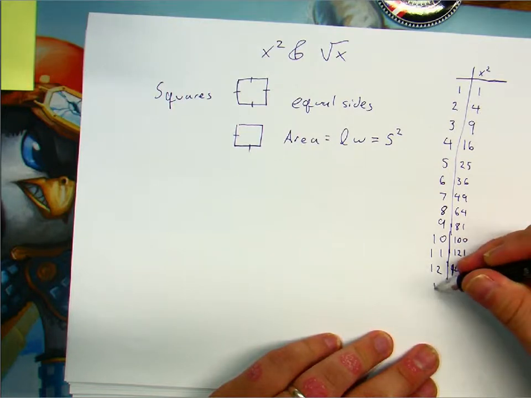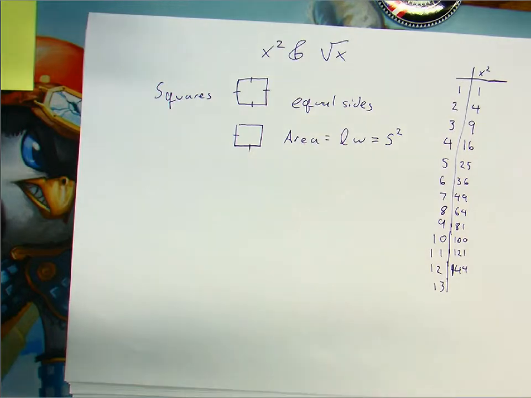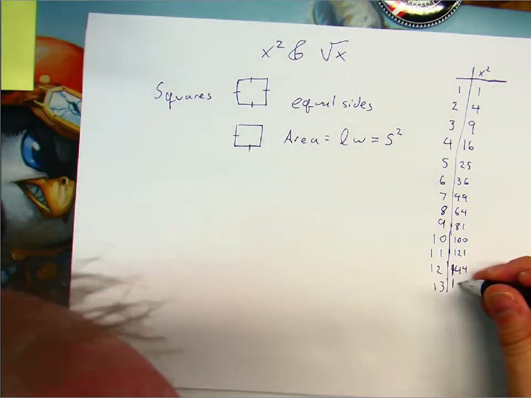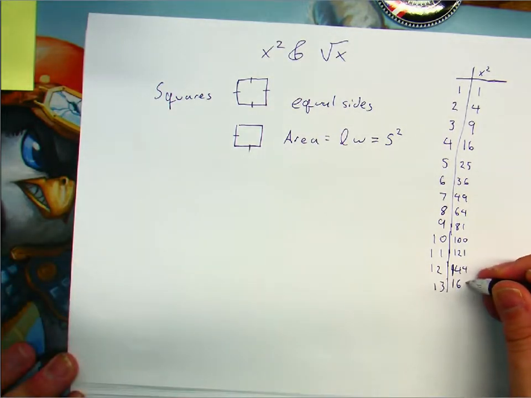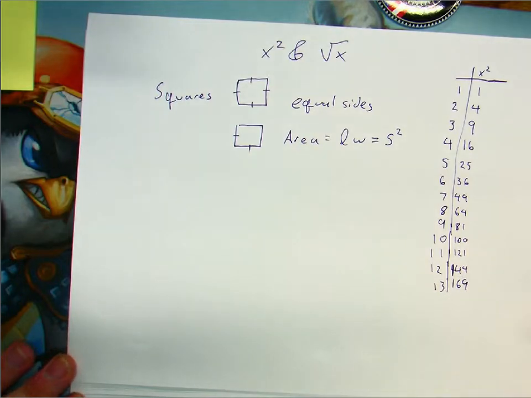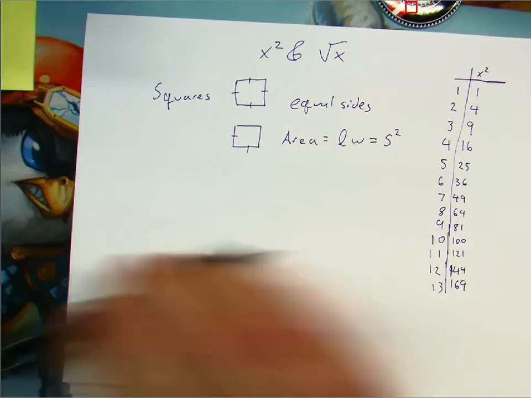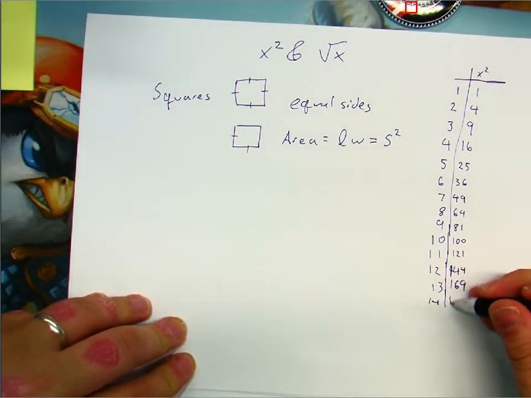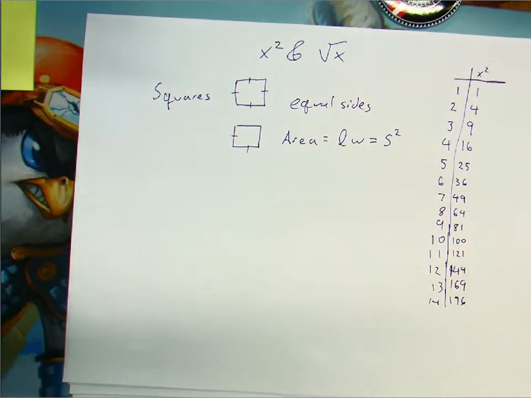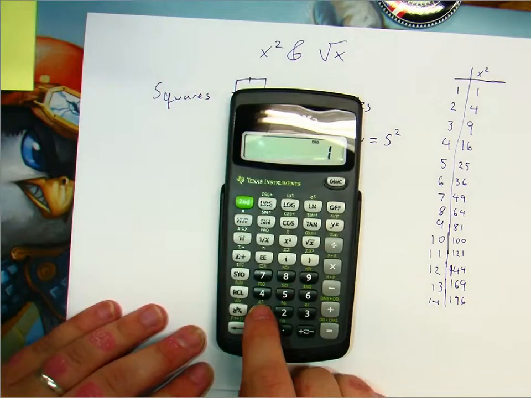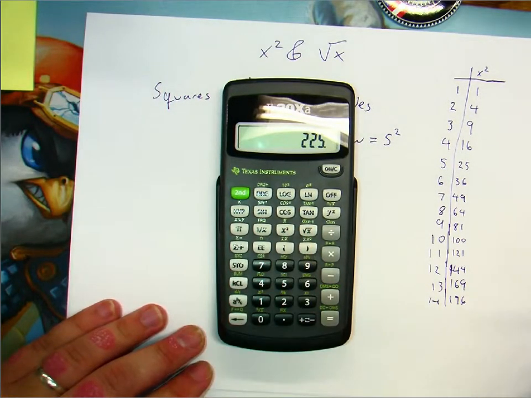13? No one knows 13! Oh my gosh! 169? I don't even know if that's true. 190. Oh my gosh, no one knows 14. 196. Let's do 15. 15 squared, 225.